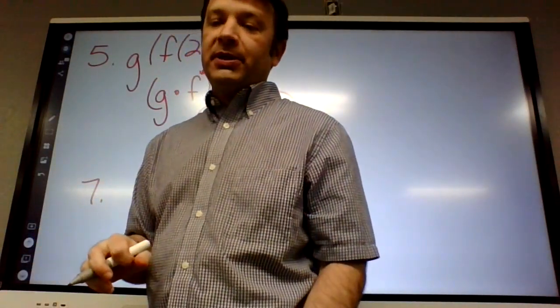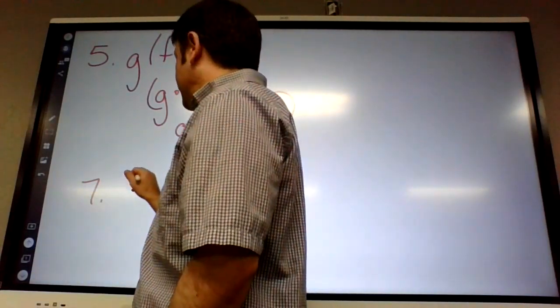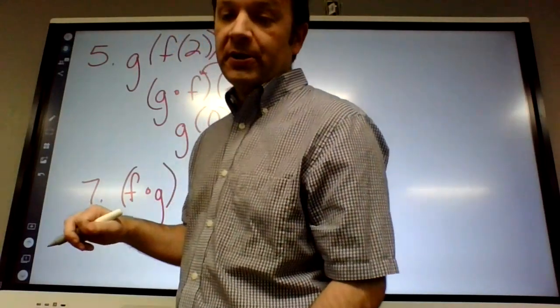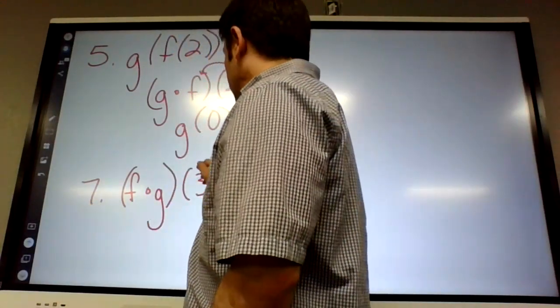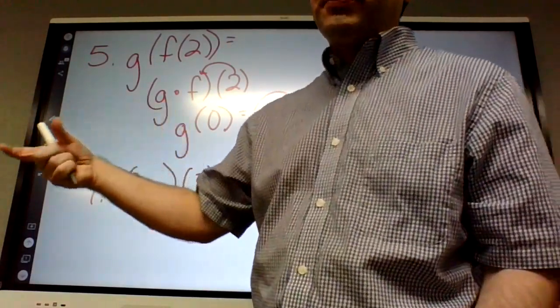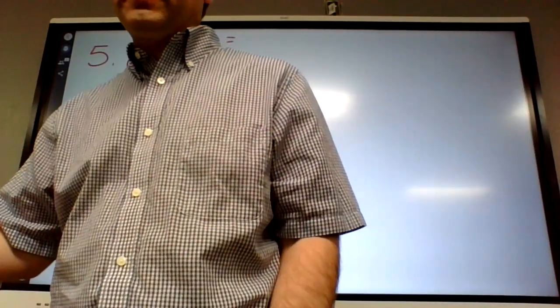Number 7 is a little more like what you might actually see on a standardized test. f of g of 3. So the difference is they didn't give us just a bunch of ordered pairs, they gave us rules for the function.